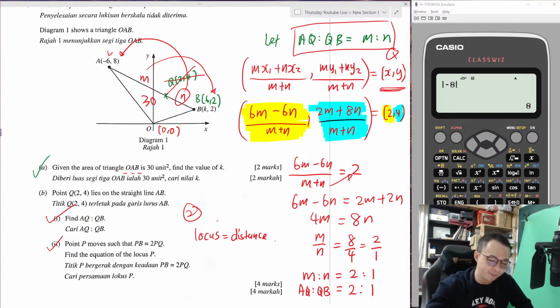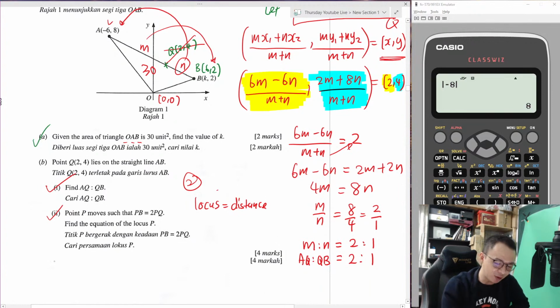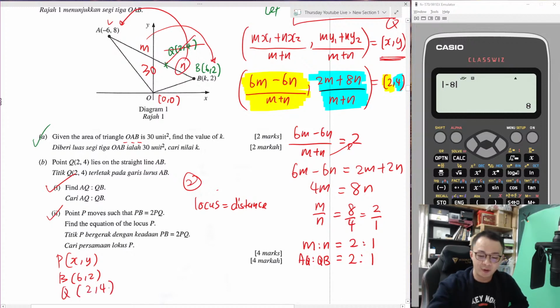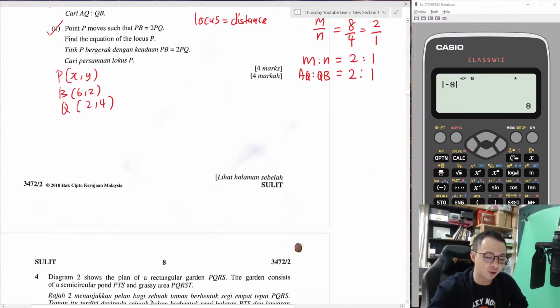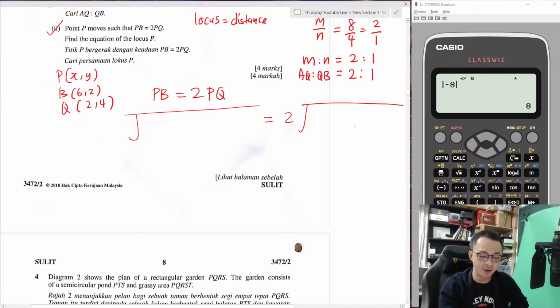Okay, so over here, let me write down the coordinates. P is the locus we want to find, let it be x, y. And B will be the coordinate of 6, 2. And Q will be the coordinate of 2, 4. Alright, so after I have all the coordinates, then I will just insert my distance formula. PB equals to 2PQ. So I should have a distance PB equals to double of PQ.